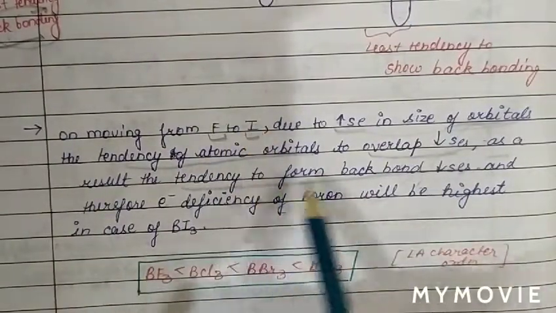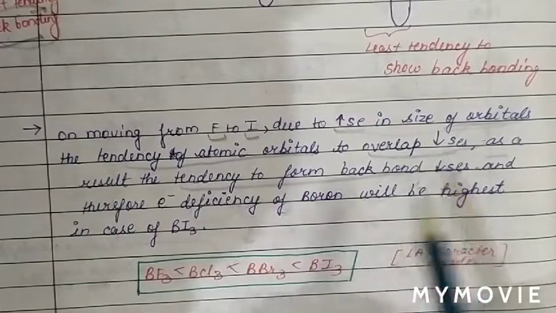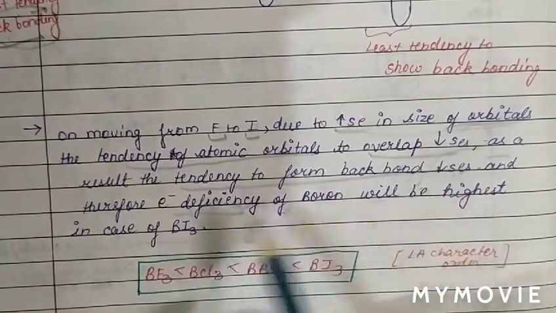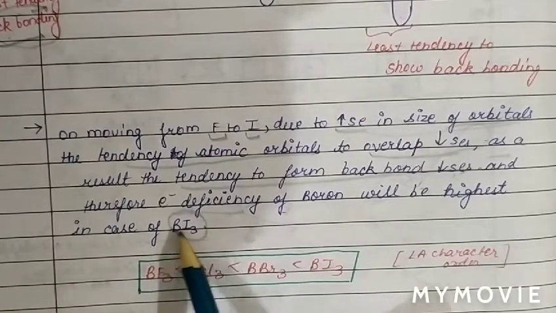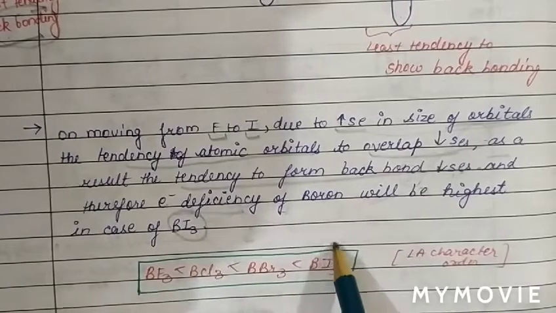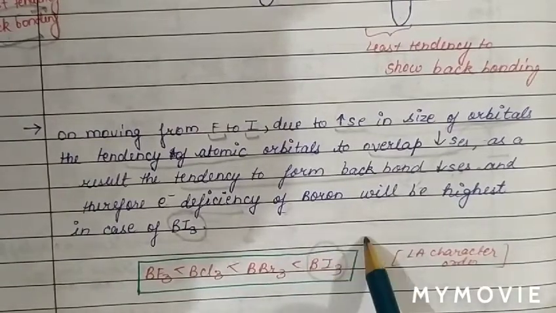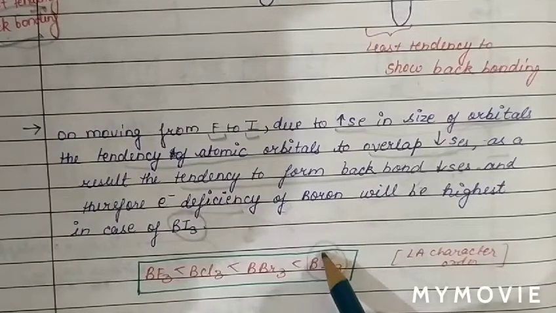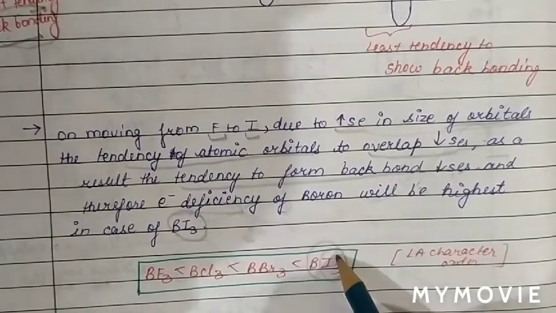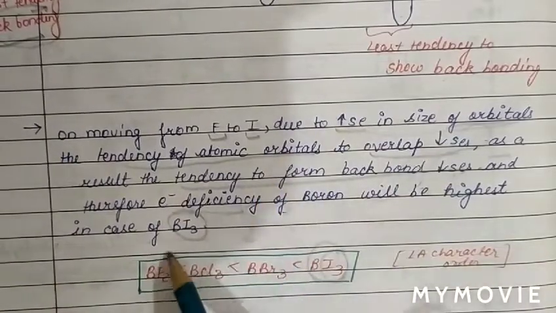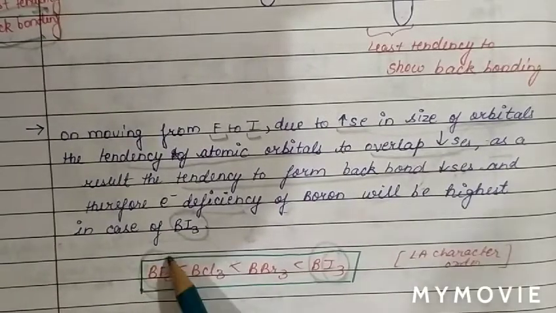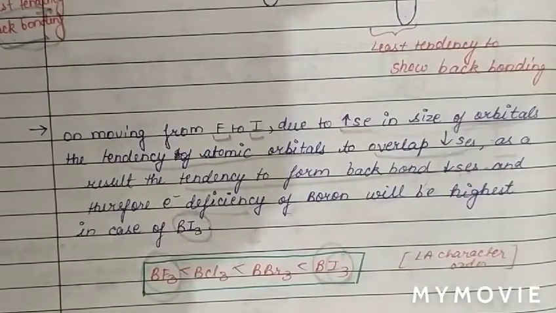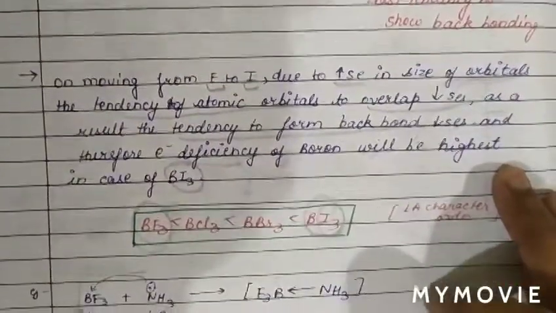With the increase in the size of the halogen, the tendency to form back bonding decreases, and the electron deficiency of boron will be highest in BI3 because of less back bonding. So BI3 has the highest Lewis acid character, and BF3 has the lowest Lewis acid character.